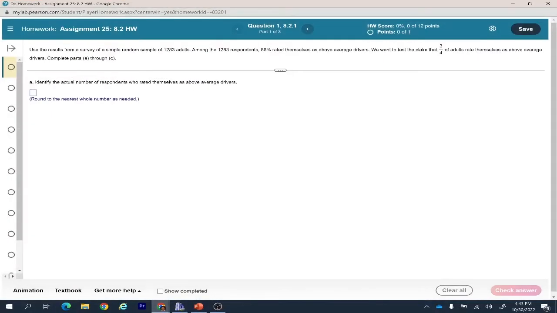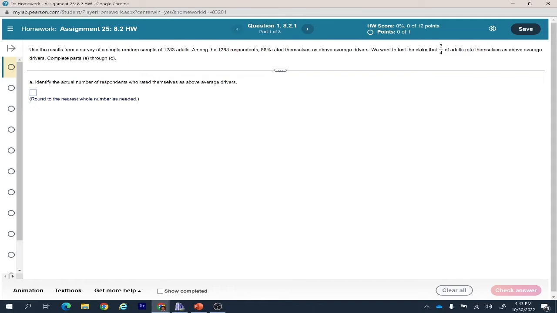Example 1. Use the results from a survey of a simple random sample of 1,283 adults. Among the 1,283 respondents, 86% rated themselves as above average drivers. We want to test the claim that 3/4 of the adults rate themselves as above average drivers. First, identify the actual number of respondents who rated themselves above average.